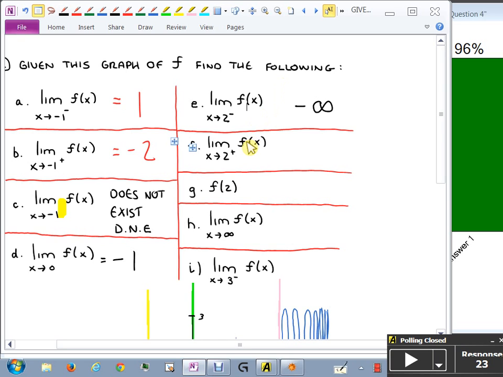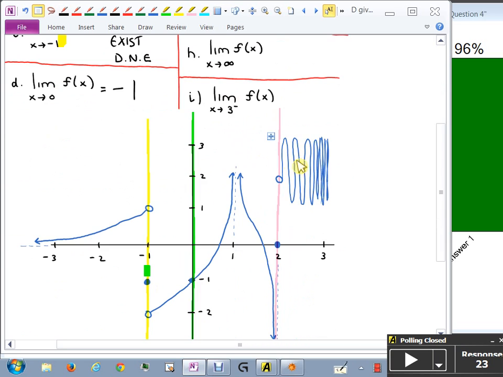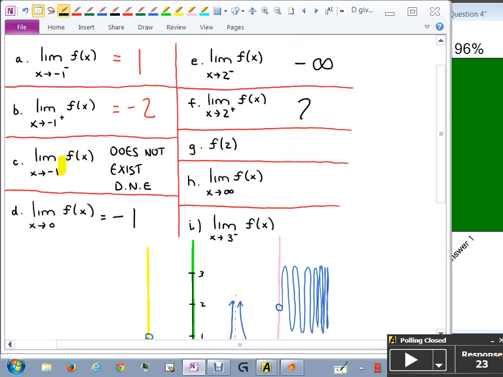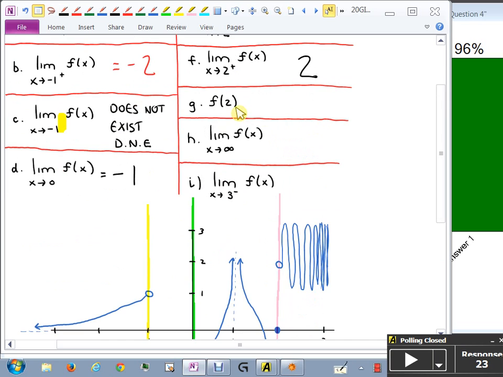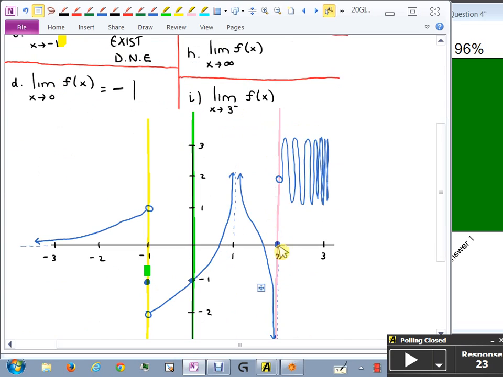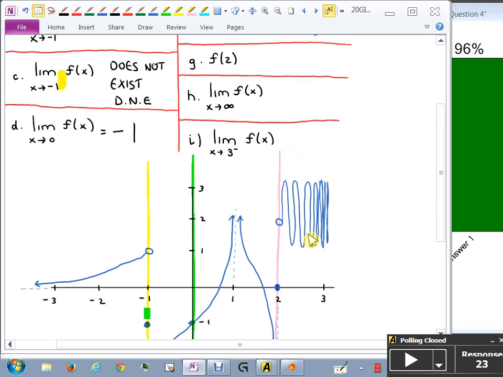What about 2 from the right? So it looks like it's oscillating, right? But then it eventually goes up and comes back down and looks like it's getting closer and closer to a y value of 2. So that would be okay, too. And then what about f of 2? 0, because at 2 we have a solid dot down here at a y value of 0.